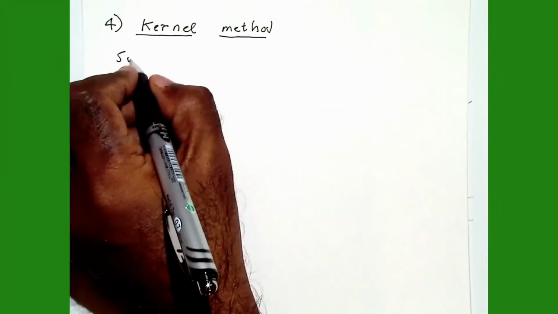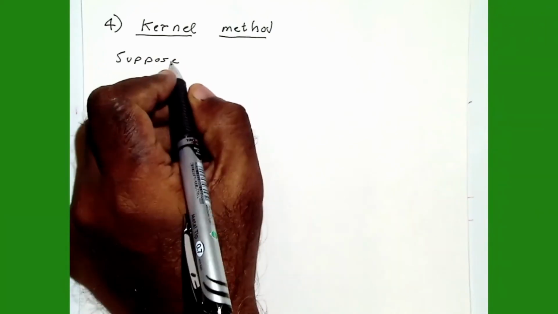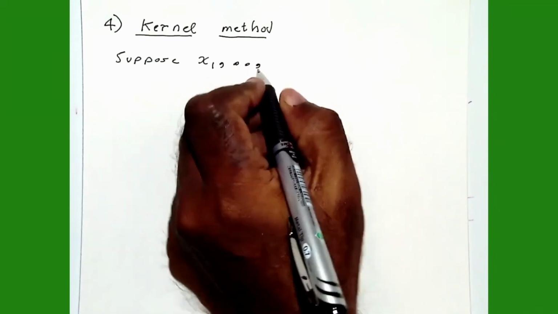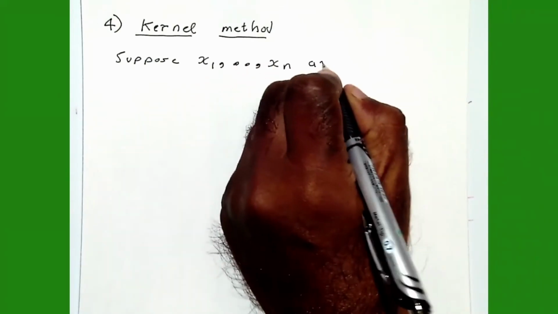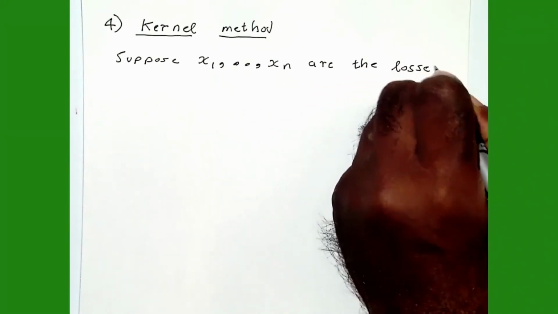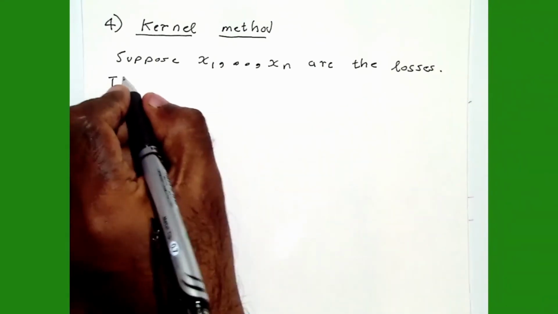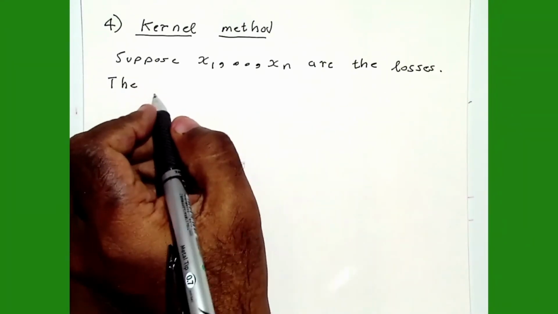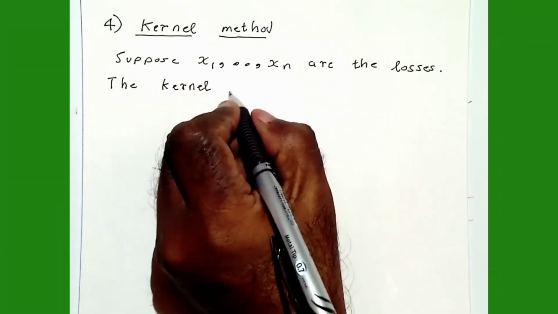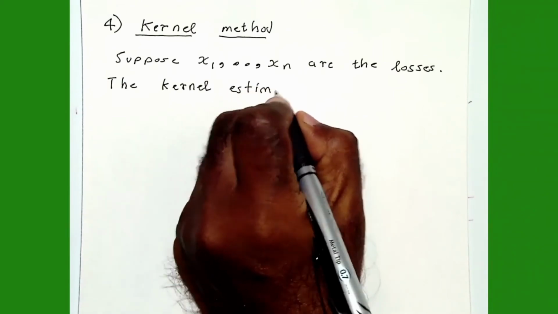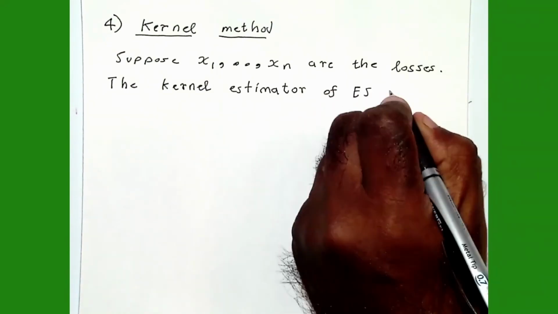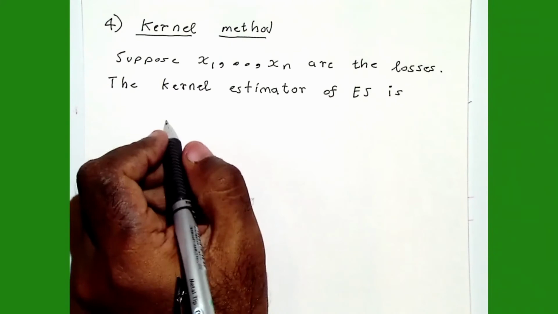Now suppose once again that x1 to xn are the losses, right, then the kernel estimator of ES is given by the following formula, right?